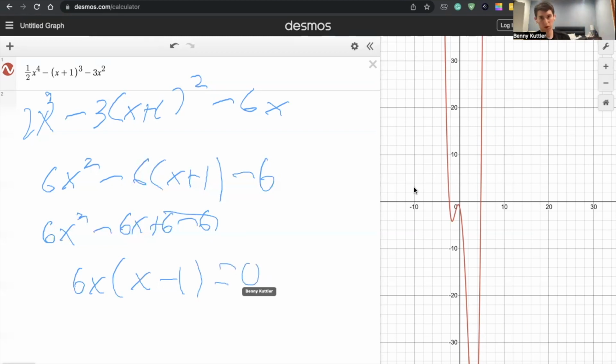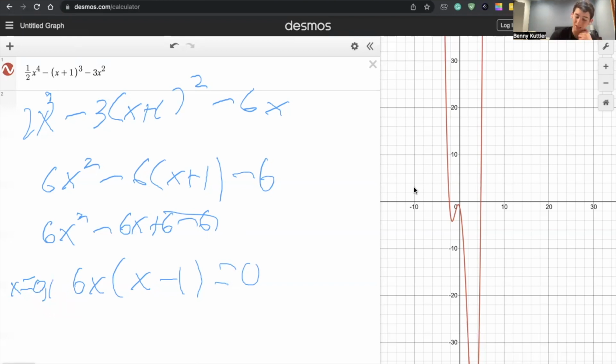So now we're going to look for when this second derivative function changes direction, because that's going to give us an indication of when something is going to change from concave down to concave up or vice versa. So we know that our zeros are x equals 0 and 1, because that's what would make this 0.